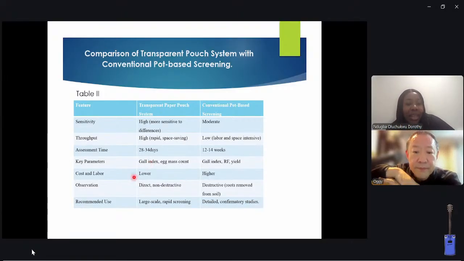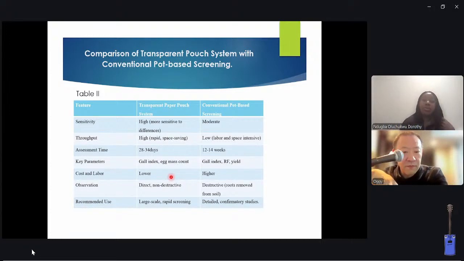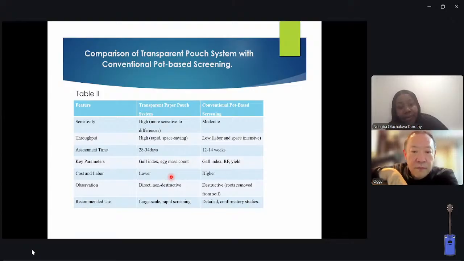Okay. So when we talk about the cost and labor, the transfer paper pouch is lower. In the conventional pot method, it takes a lot of work and is also higher. For observation, it's direct in the transparent paper pouch, and you don't need to destroy the crop or the roots to view it because it's transparent, so you can view it from time to time.